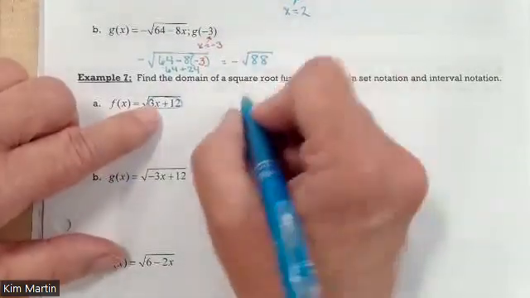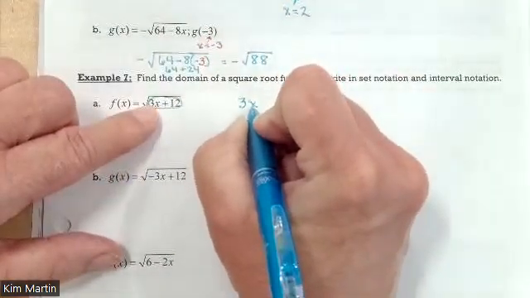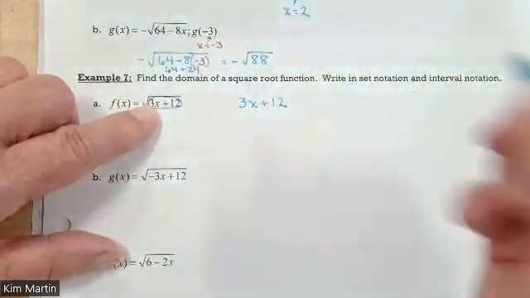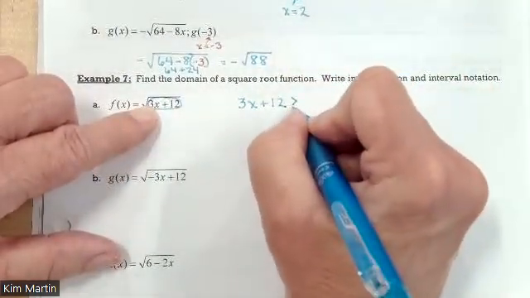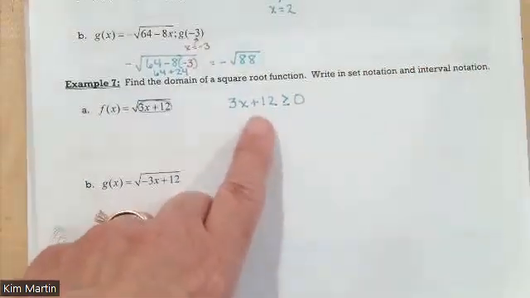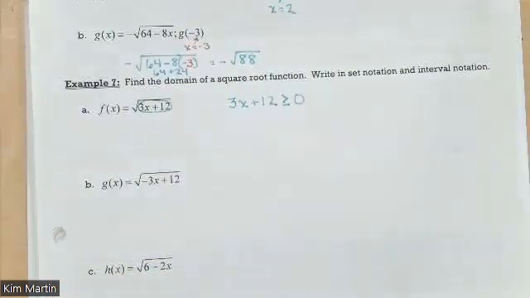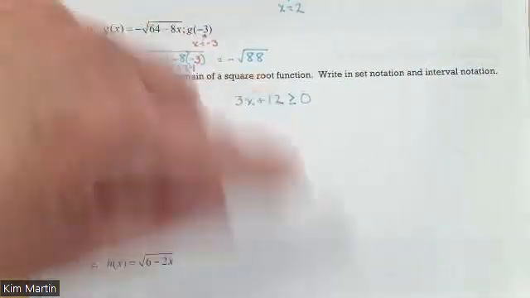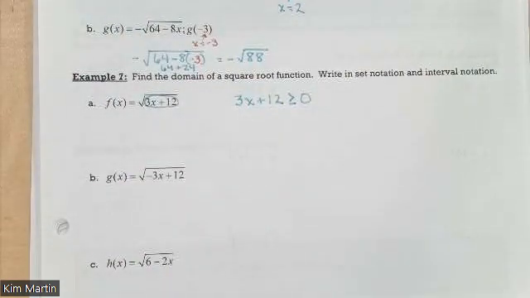It has to do with what's underneath here. This has to be 0 or positive. So the way we do that is we set it greater than or equal to 0, because the greater than says this has to be positive, and the equal means it's okay. I did not teach this. This was something you needed to know coming into my class. It was something that was taught in 0030.